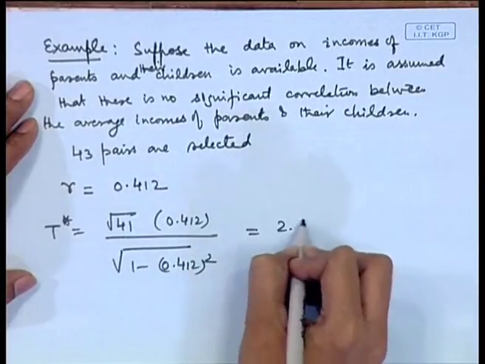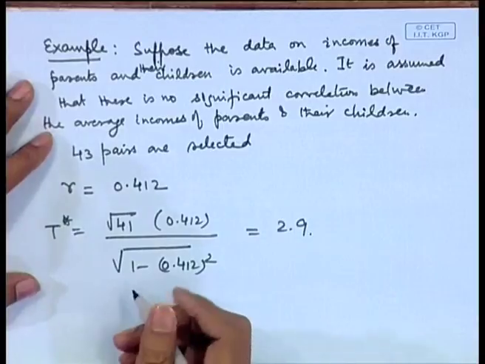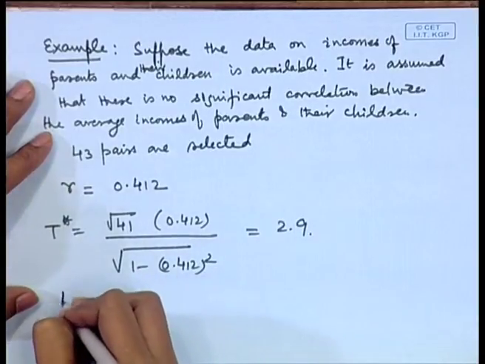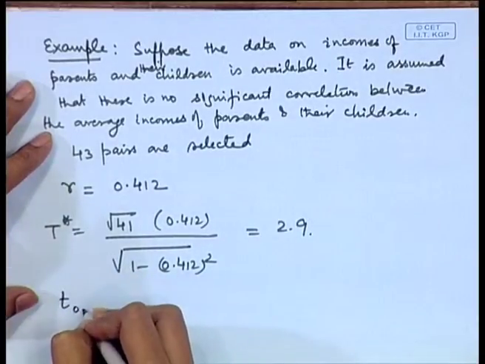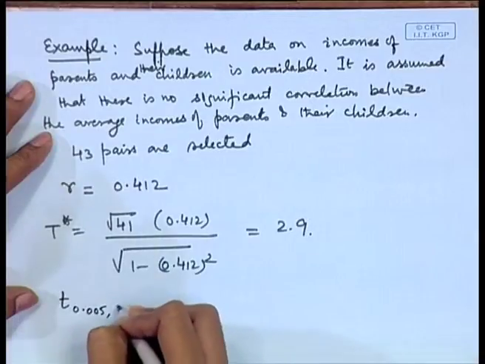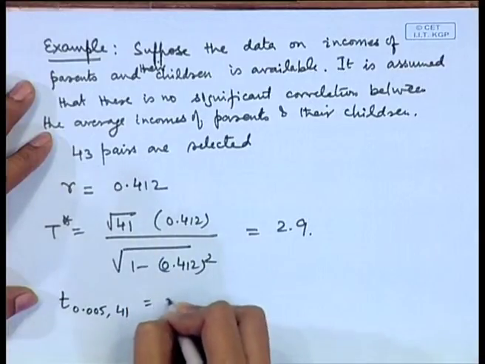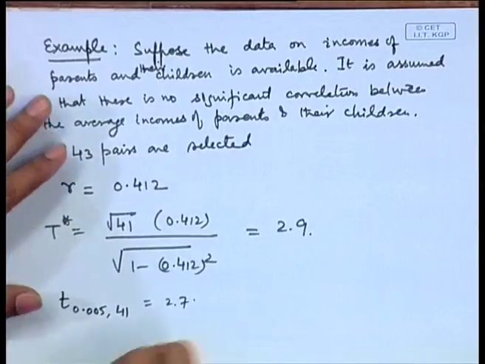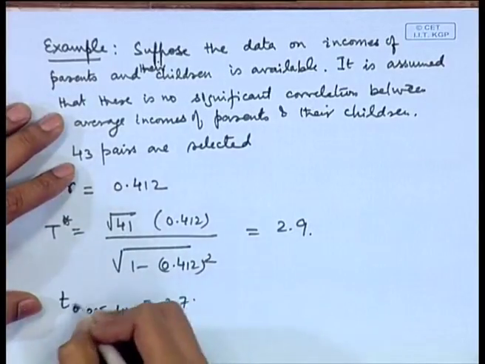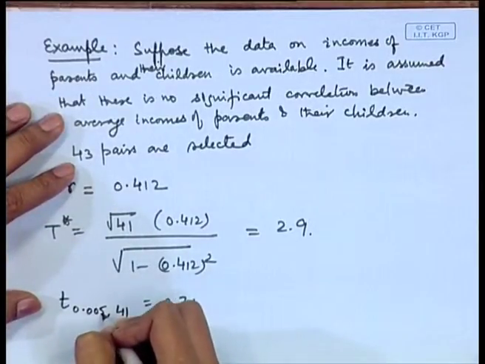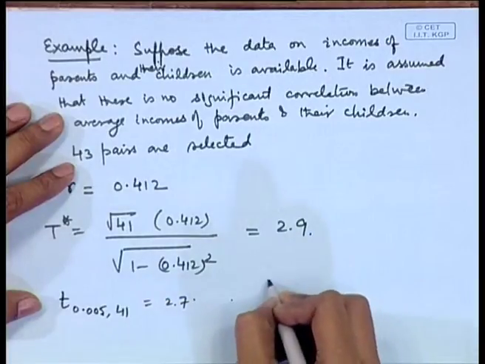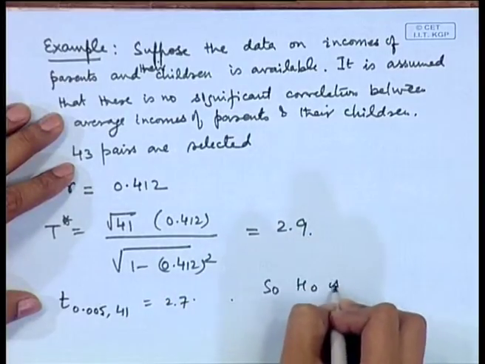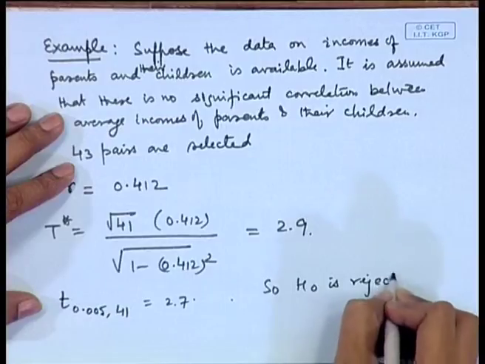This value turns out to be 2.9. Suppose we are considering say t 0.005 at 41, this value is 2.7. Now, you can see here that this is extremely small level of significance we are taking. So, H naught is rejected at any reasonable level of significance.